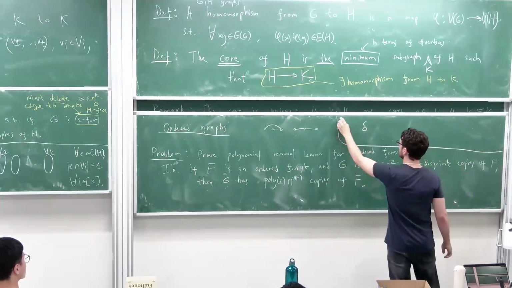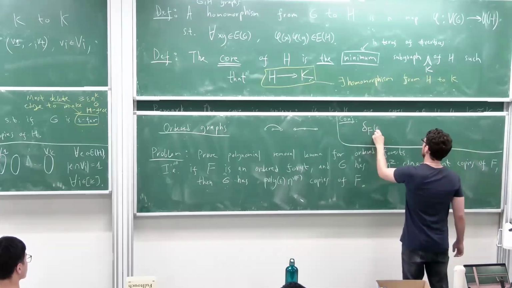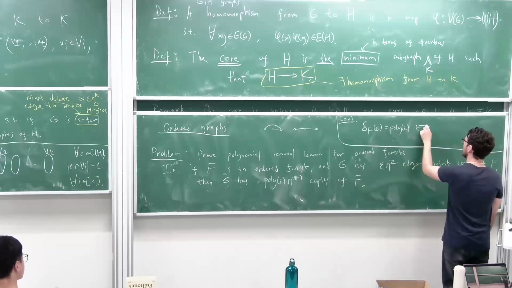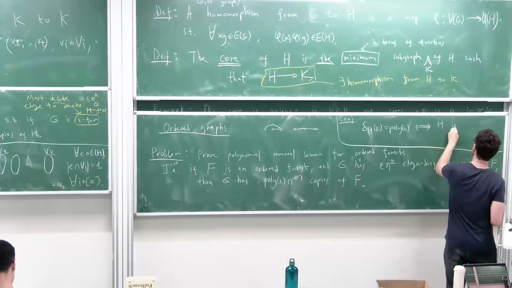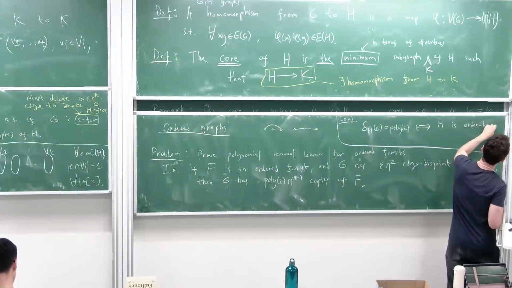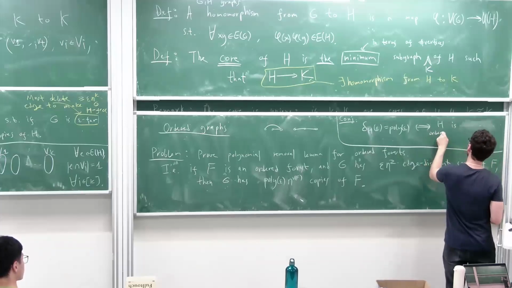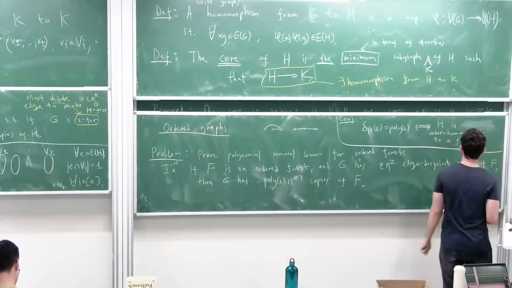The conjecture we had in a paper with Tomon is that this is polynomial if and only if H is order homomorphic to a forest.